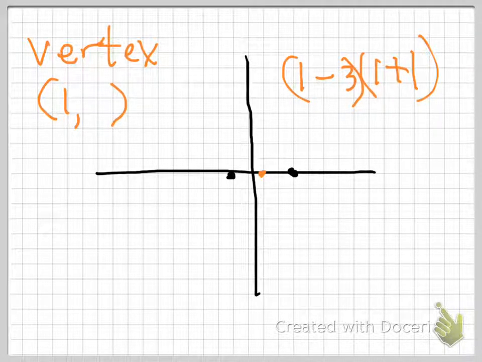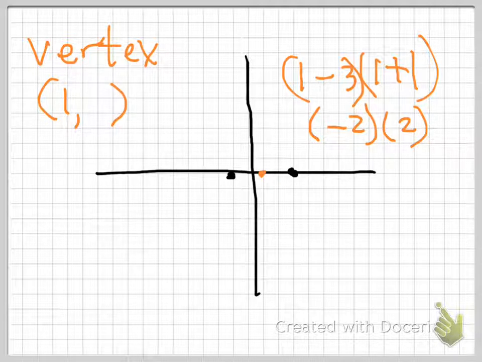And you solve that. 1 minus 3 is -2, and 1 plus 1 is 2. When you multiply that together, you get -4. So, the vertex is always an ordered pair, x, y. So your x is 1 and your y is down here at -4.